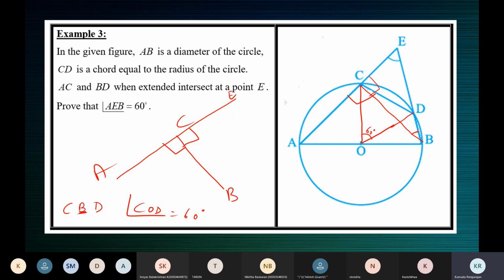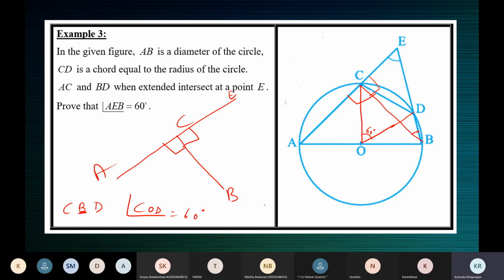Since COD is 60 degrees, arc CD subtends angle COD at the center, and COD is 60 degrees because COD is an equilateral triangle. The same arc CD subtends angle CBD on the circumference.